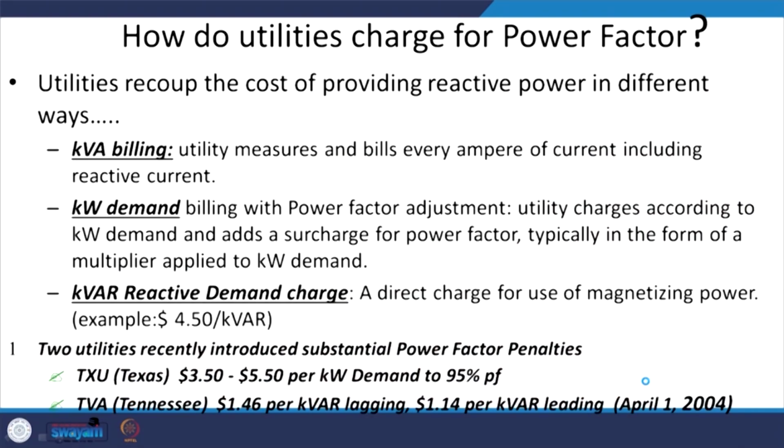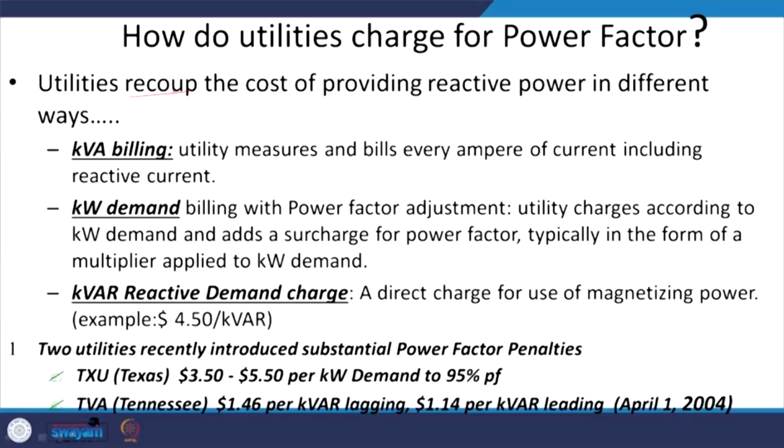Now, this is for industrial billing only, but it may be extended to domestic billing up to some level. So, if you are staying in a society where you have so many air conditioners and all those loads, then of course, you may be charged for it. Utilities recover the cost of providing reactive power in different ways.